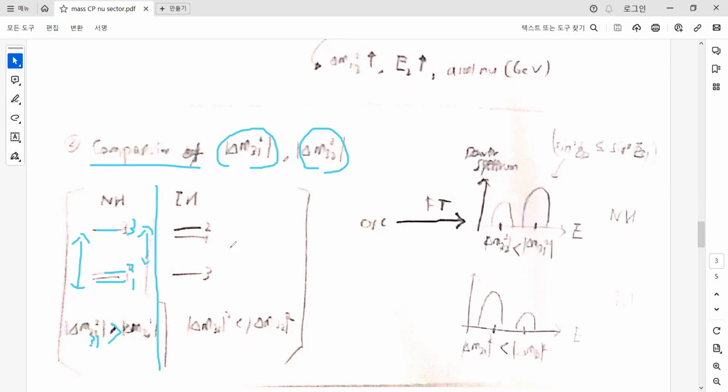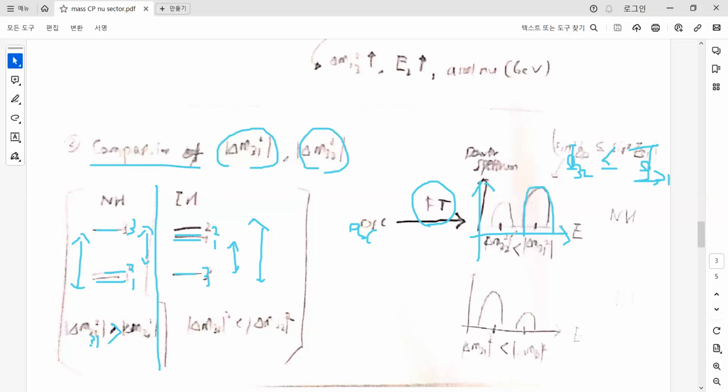But in the inverted hierarchy case, M3 is the lightest mass eigenstate. So M13 is smaller than the M23. And by using the Fourier analysis of the oscillation data, the power spectrum can distinguish such M31 and M32, because the phase 32 is smaller than the phase 31. So the power spectrum of the M31 peaks larger than the M32.